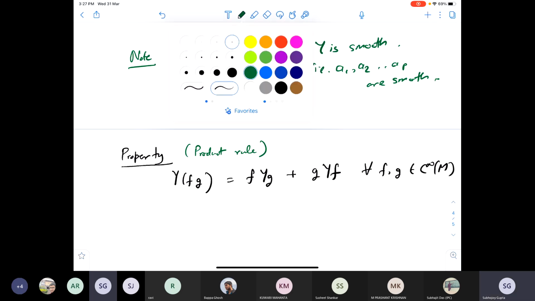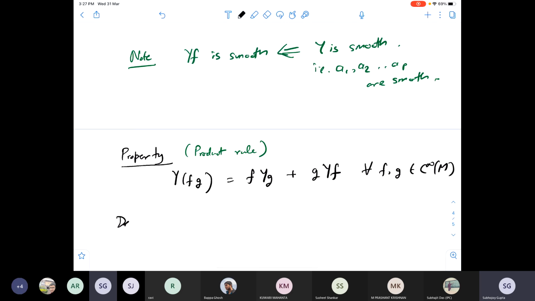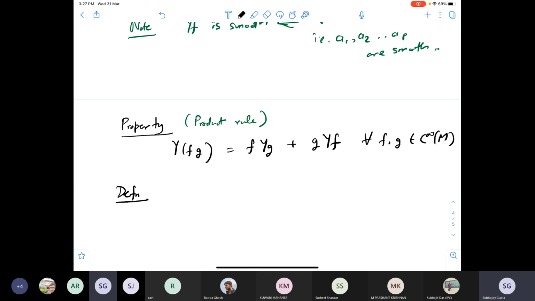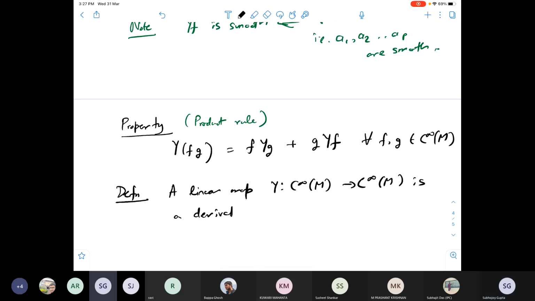Extending the things that we discussed at the level of tangent spaces and points earlier, you can now define a linear map Y from C infinity of M to C infinity of M to be a derivation if it satisfies the product rule.